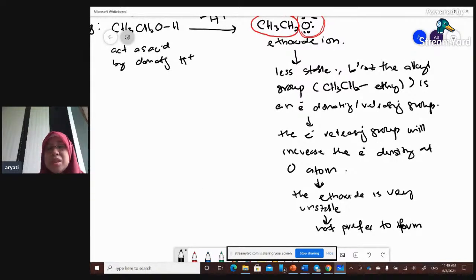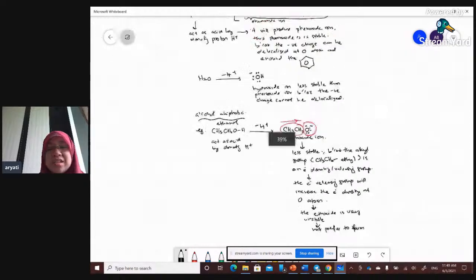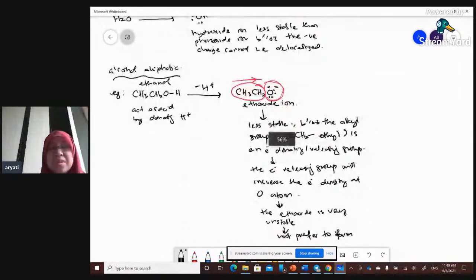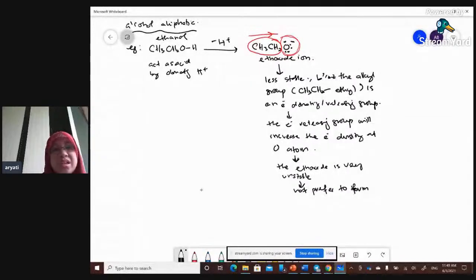Dia tak cenderung terbentuk. So macam mana dia nak terbentuk? Dia akan terbentuk bila ethanol donate proton H+. Maksudnya dia bertindak sebagai asid.